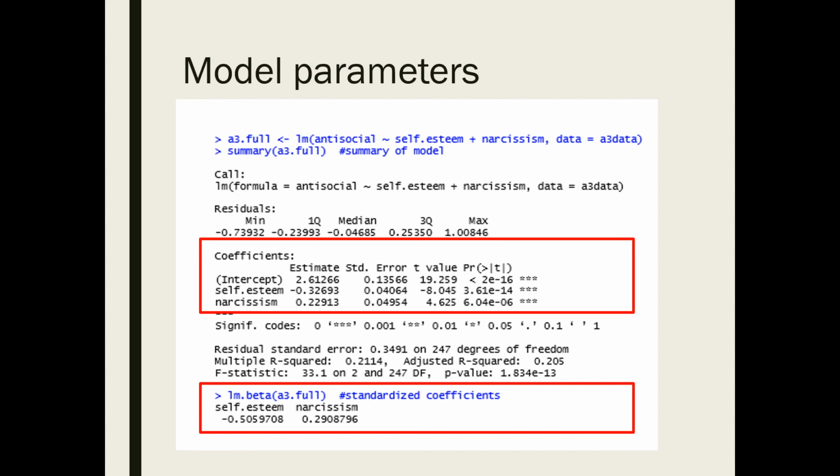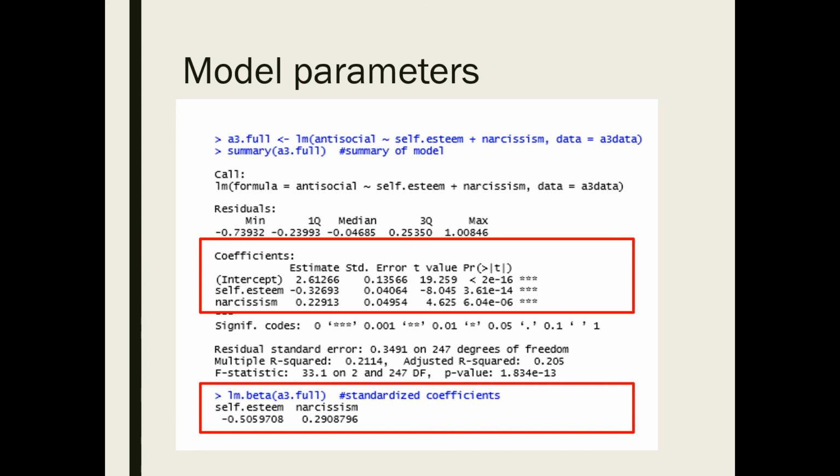And just like we did in our simple regressions, we can use the lm.beta function to convert our coefficients into standardized coefficients. So this would allow us to compare between different analyses, between different models, and even between different data sets.